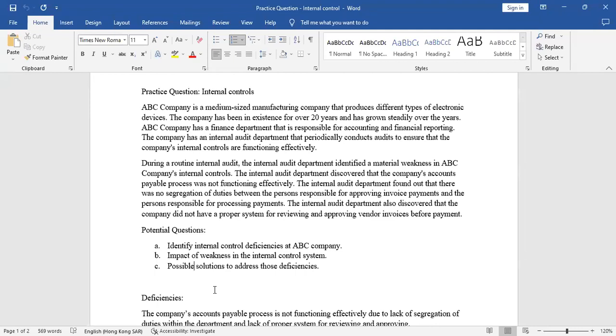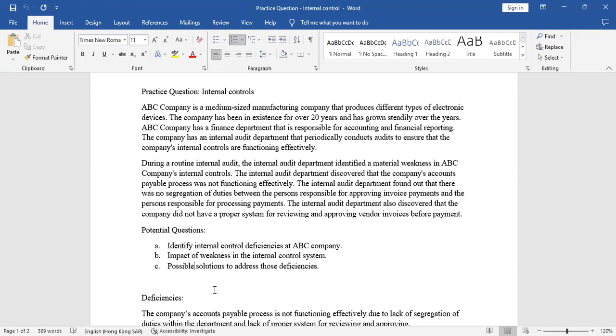The company has been in existence for over 20 years and has grown steadily over the years. ABC company has a finance department that is responsible for accounting and financial reporting. The company has an internal audit department that periodically conducts audits to ensure that the company's internal controls are functioning effectively.